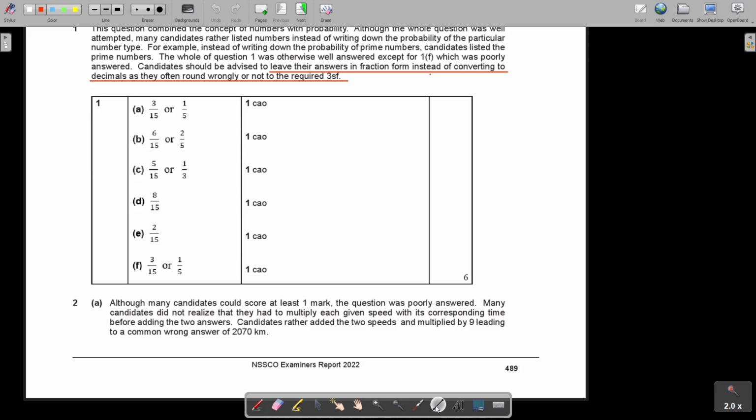Many candidates did not realize that they had to multiply each given speed with its corresponding time before adding the two answers. Remember, DSTV, distance, speed, time, that triangle. Candidates rather added the two speeds and multiplied by 9, leading to a common wrong answer of 2070 kilometers.